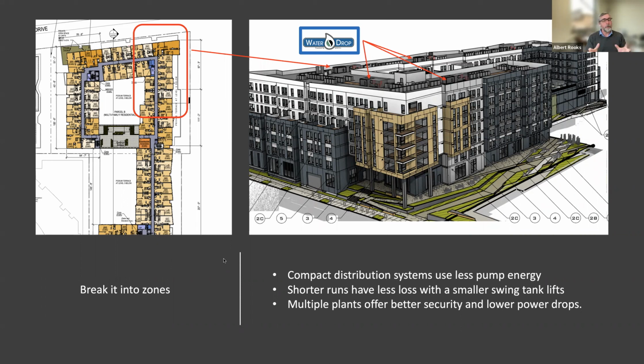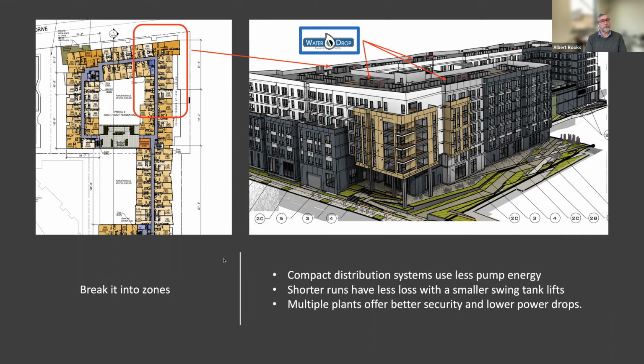So that building has been zoned, and when you zone a building in this way, now you've got a smaller, more compact distribution system. You've got redundancy across the building, a little bit less heat loss, a little less pump energy, and it's a little easier to control.